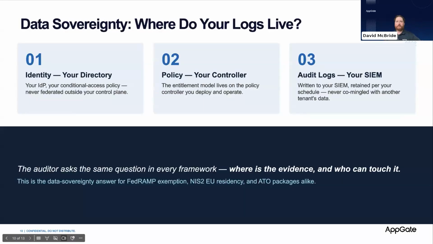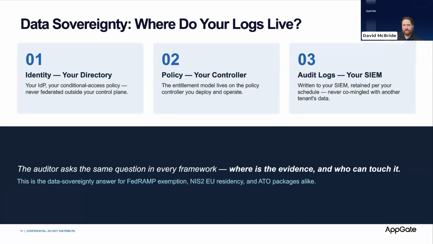Yep. Thank you. We're going to move on here to data sovereignty. If you remember, I put emphasis earlier when I said we'll get to it at data sovereignty, about ATO packages, FedRAMP, and things like that. This slide is the one I get asked about the most in almost all of my federal conversations, especially when I'm talking to folks working on ATOs or maybe trying to navigate or circumnavigate the FedRAMP process.